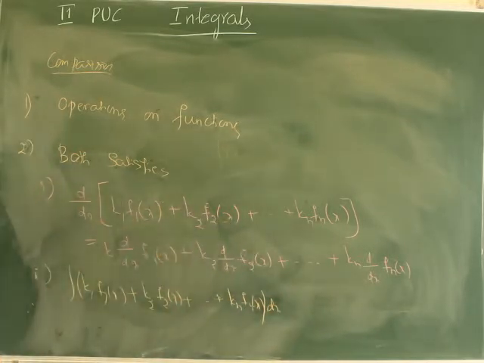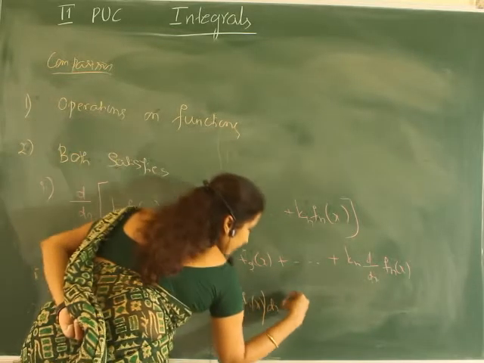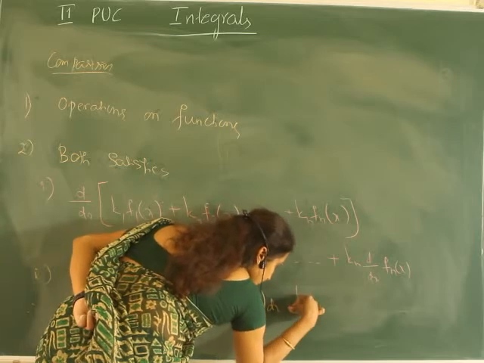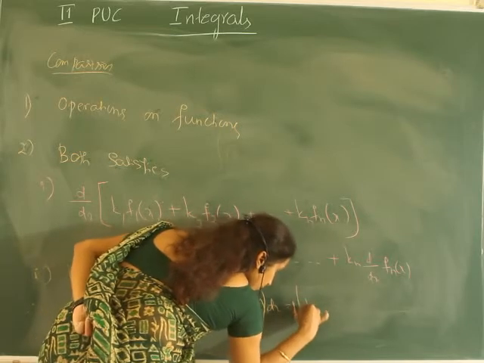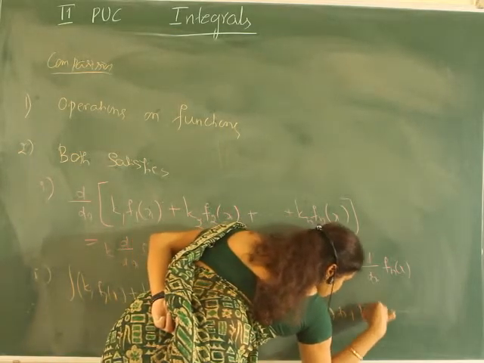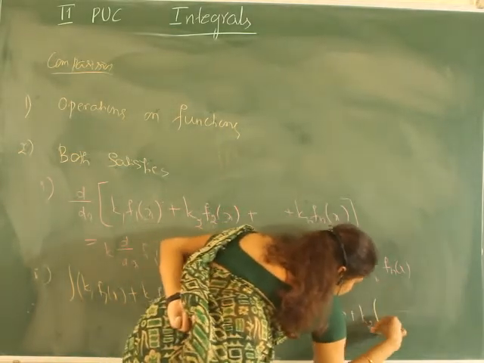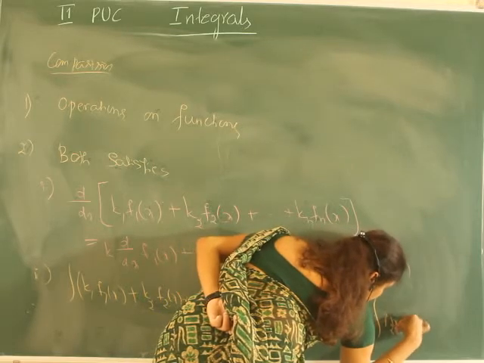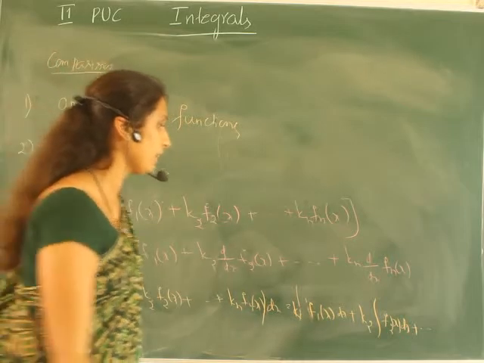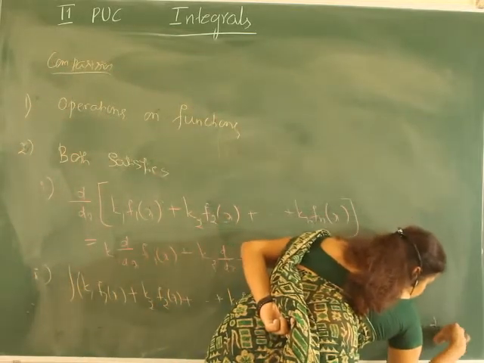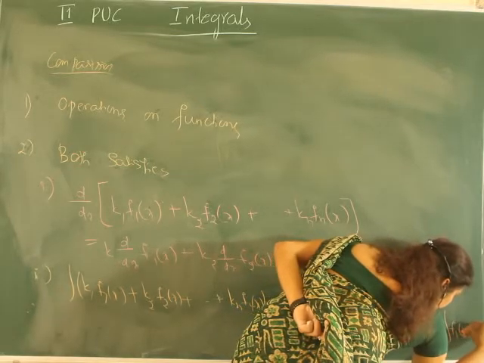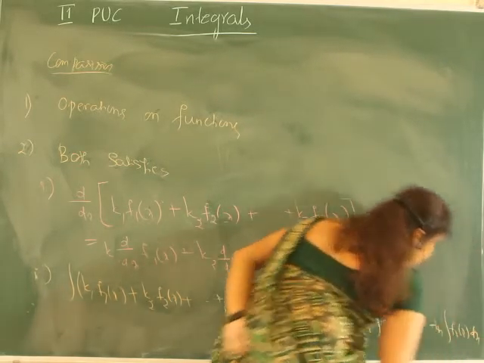All together I can write it as k1 into the integral of f1 of x dx plus k2 into the integral of f2 of x dx, and so on up to kn into the integral of fn of x dx.